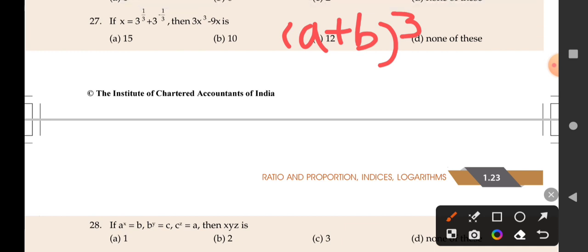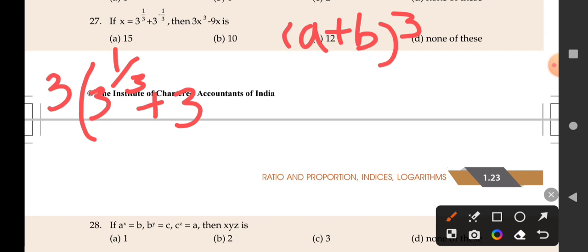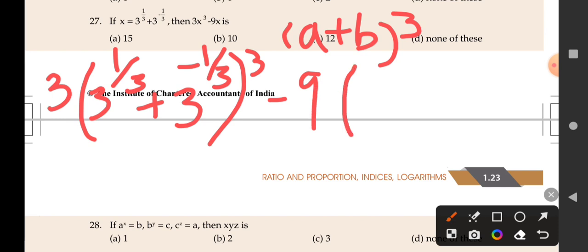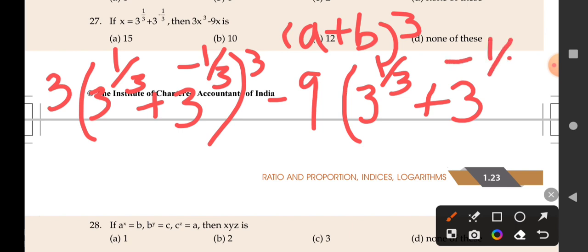Okay, so let us first expand 3 into 3 raised to 1 by 3 plus 3 raised to minus 1 by 3 whole cube minus 9 into 3 power 1 by 3 plus 3 raised to minus 1 by 3.